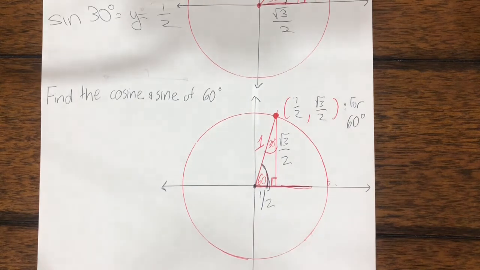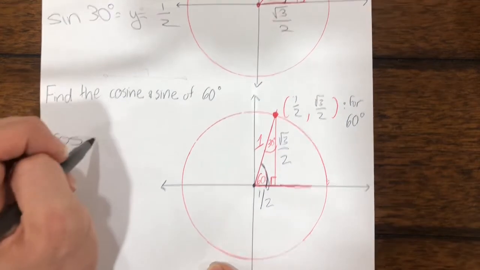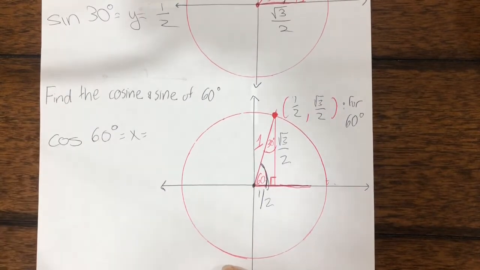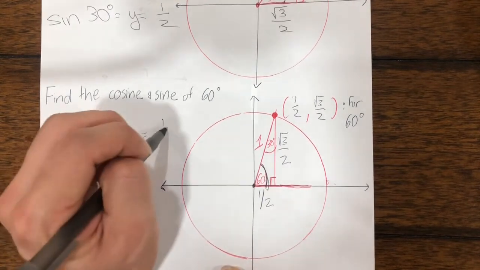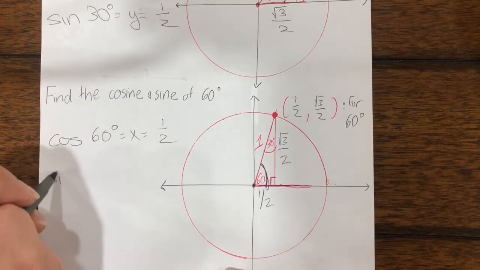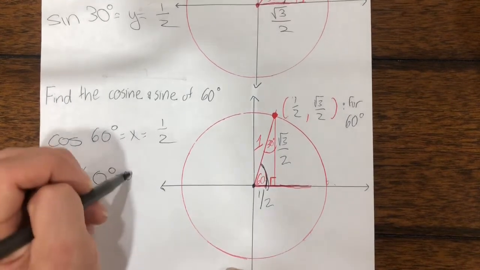All right. So we can find the cosine and sine of 60 degrees. So let's start off with the cosine. So we have cosine of 60 degrees, which equals my x value. And my x value for this point is 1/2. All right. So then we have sine of 60 degrees. Now that is going to represent my y value.